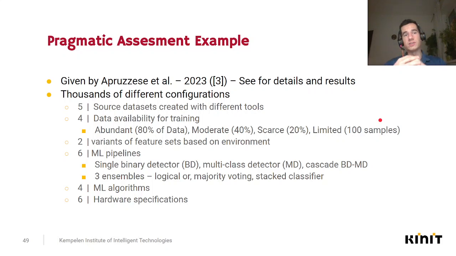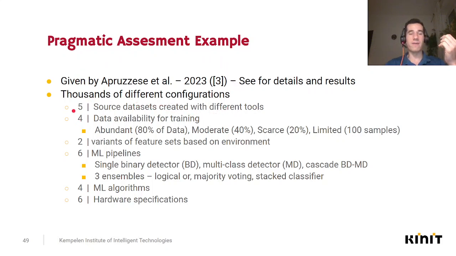So this was discussing what pragmatic assessment is and how the state of the art looks in the field, and now here is an example from the authors of how pragmatic assessment can be done. You can always see their paper for details and results, but briefly, the authors show that pragmatic assessment can be done, but with thousands of different configurations.